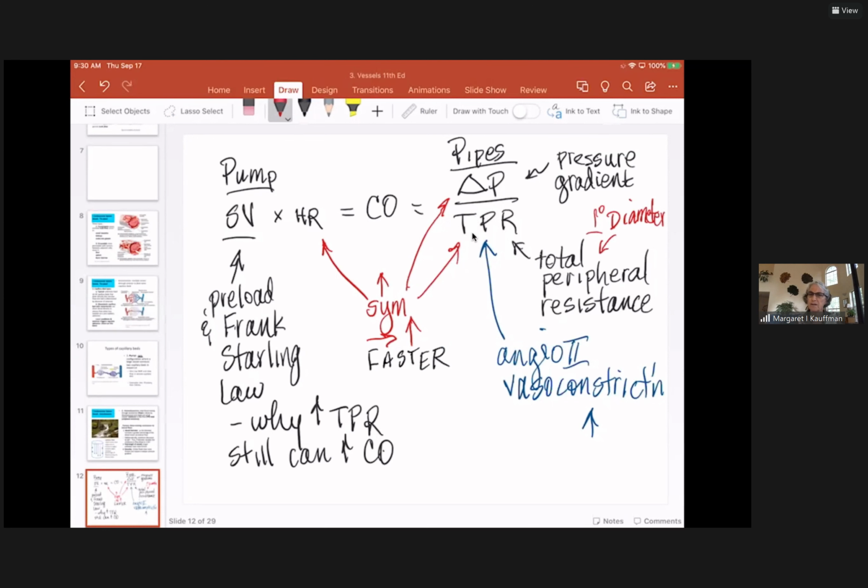If I increase this, it's in the denominator. It ought to decrease cardiac output, right? So in order to actually make cardiac output go up using this side's formula, that means I have to make an even bigger change in the pressure gradient.